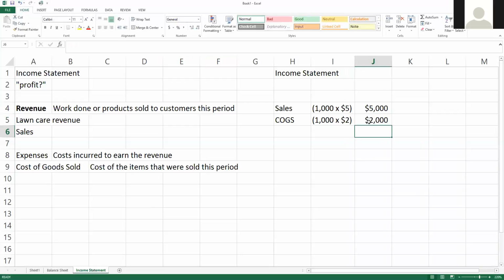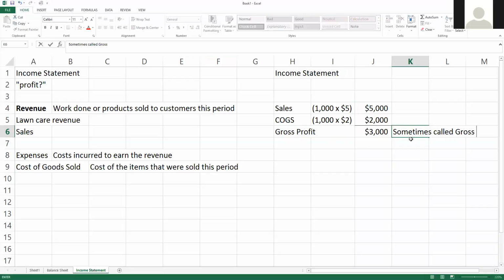So we would stop and subtotal and show our reader that we made a profit on this. 5,000 minus 2,000 means we had a profit, and specifically we call it a gross profit of $3,000. Another note: it's sometimes called gross margin.